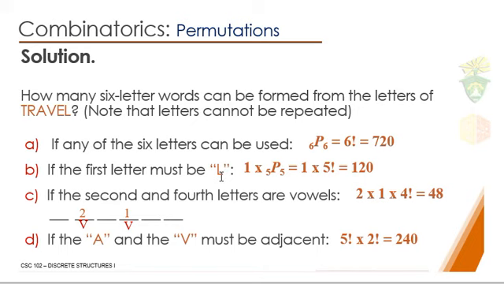The second case: if the first letter must be L, the position of L is constant. If you rearrange the word travel, L should always be the first letter. So how many letters remain to be rearranged?